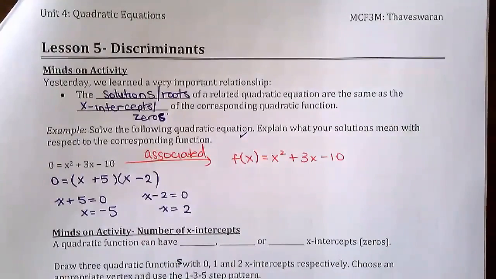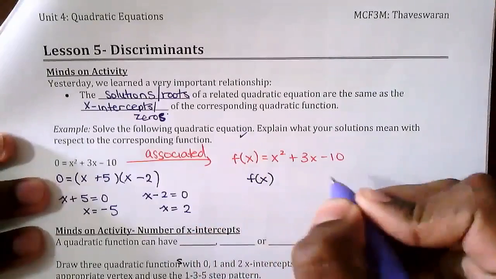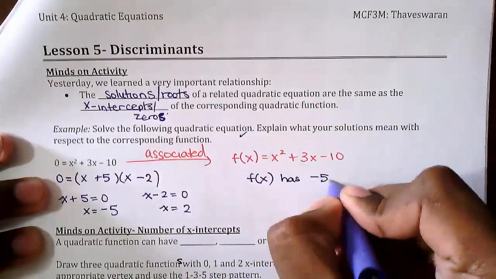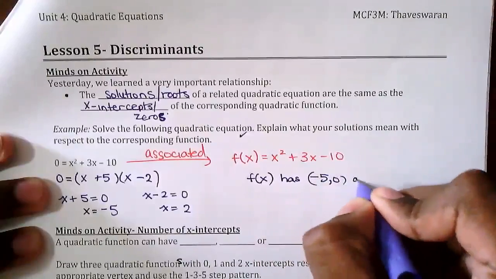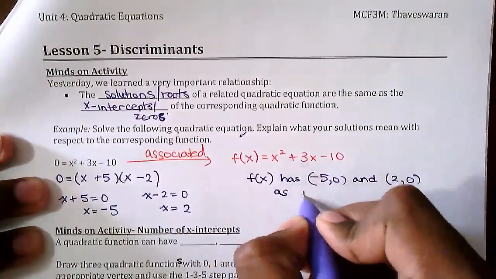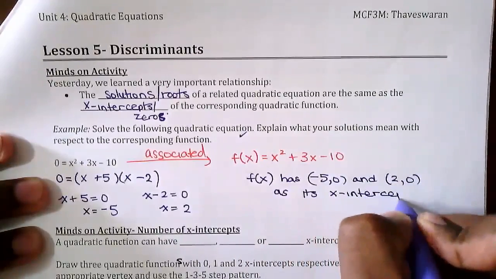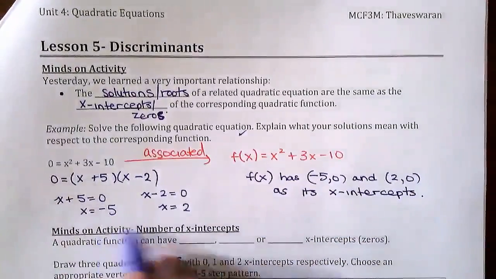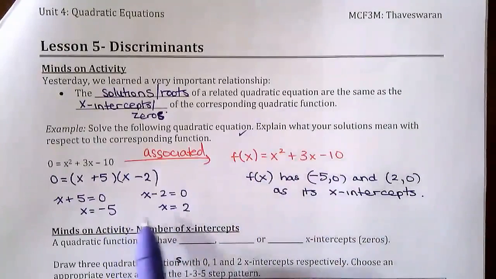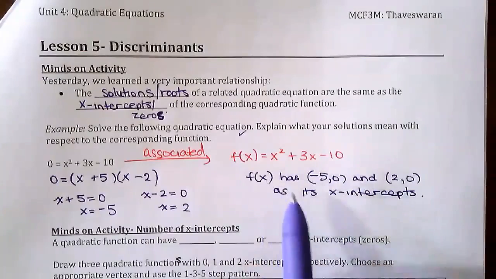So what I can conclude here is f of x, our particular function, has (-5, 0) and (2, 0) as its x-intercepts.